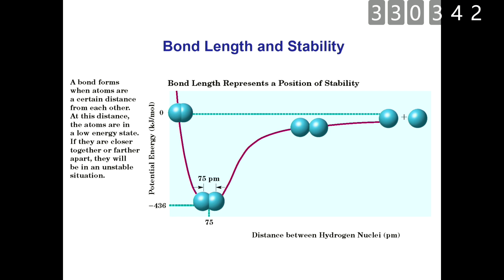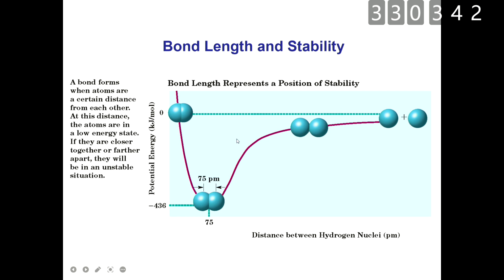Okay. So here also to show the bond length and the stability. Of course, if this energy is high, it means they release more energy, or they require more energy to be broken.